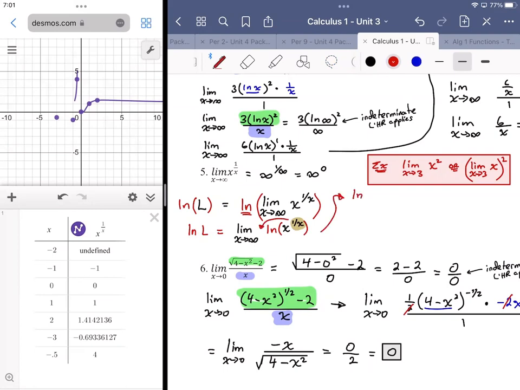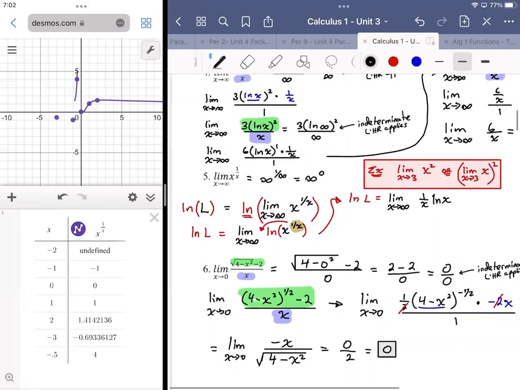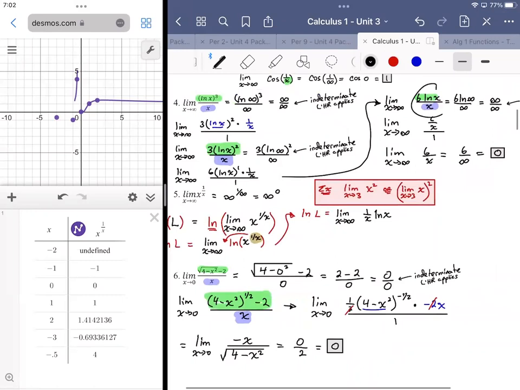And then we would say the natural log of L is equal to the limit as x approaches infinity of 1 over x times the natural log of x. Now we've already done something very similar to that. That came up over here. So we know that that's a L'Hopital situation, all right?